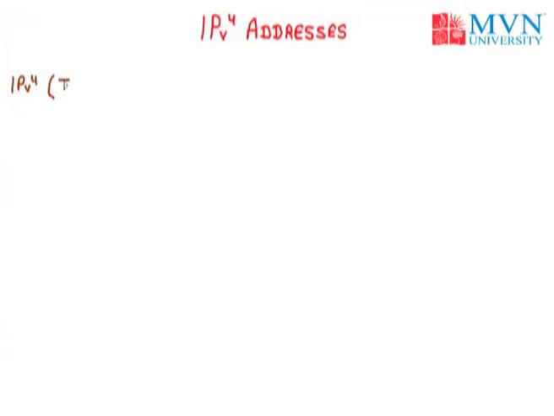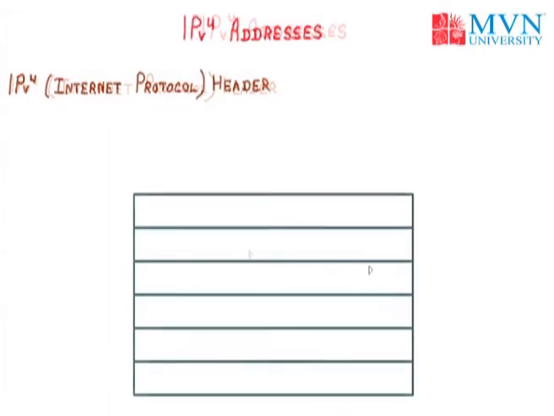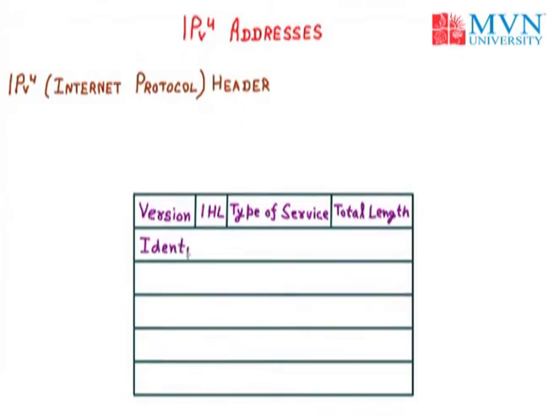Now to understand the IPv4 address, we will first start with the header of IPv4. To understand the IPv4 header, we will draw the diagram of the header. The first fields in the IPv4 header are version, IHL, type of service, and total length. In the next row we have identification, DF and MF, and fragment offset.